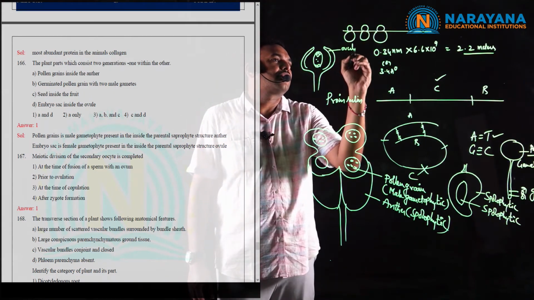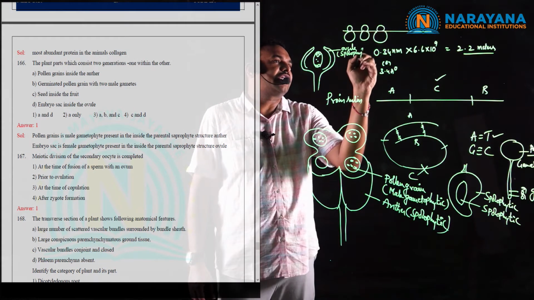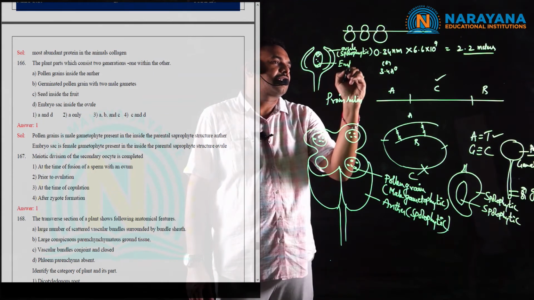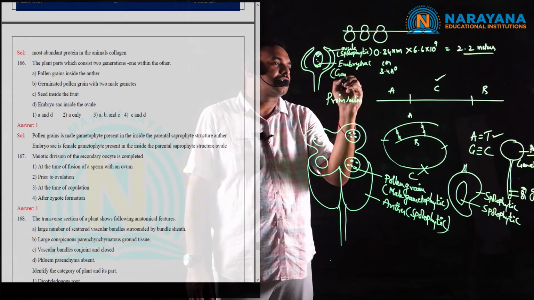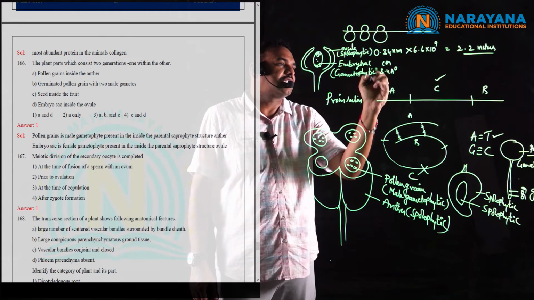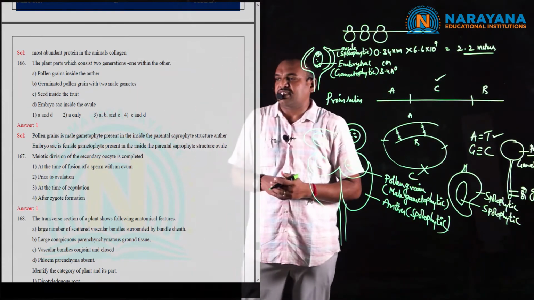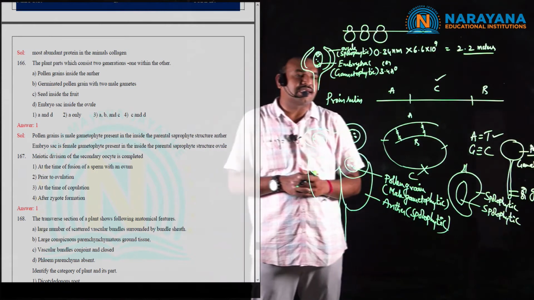Ovule belongs to sporophytic generation, and embryo sac belongs to gametophytic generation. That means statement A and statement D are correct. That means the right option for given question number 166 is 1.